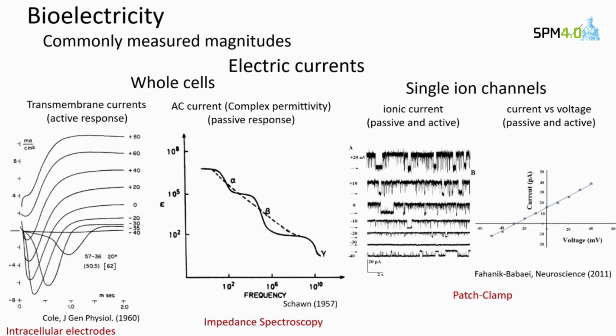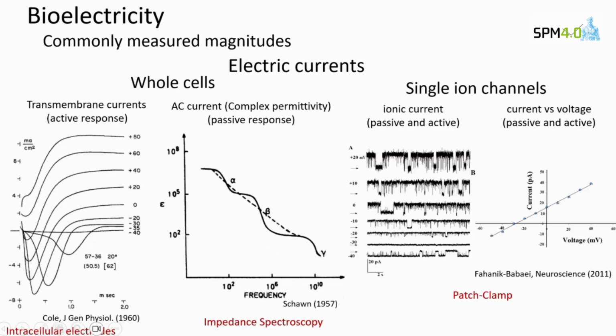More things that you can do. For instance, here, in this case, you apply a voltage to the membrane, and then you measure the current evolution. These are currents. I won't go into the details, but this is the current generated by the cell itself. So this is the active response. Or you can do, for instance, impedance spectroscopy, which is a passive response.